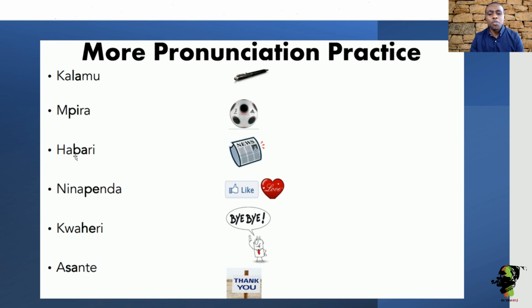Then we have the next one, which is news. Habari. The word I like, I love. How do you pronounce that? Ninapenda. Very important. Bye-bye. Kwaheri. And the word thank you. Everyone knows this word of Swahili. Asante.